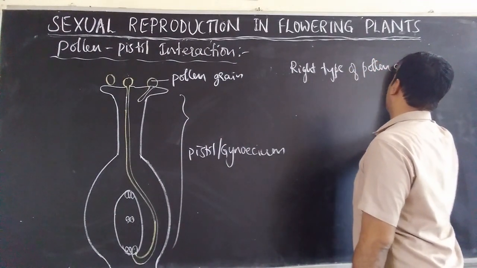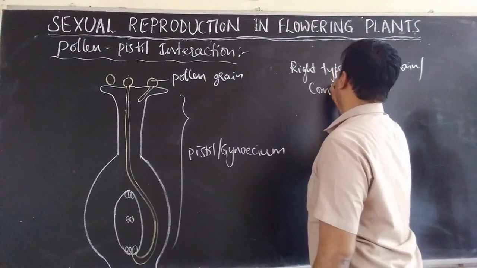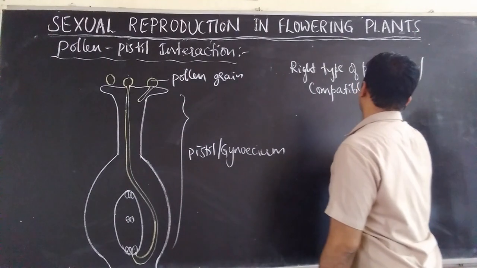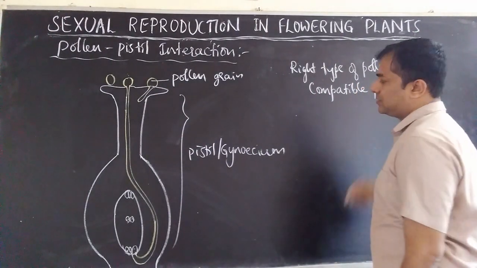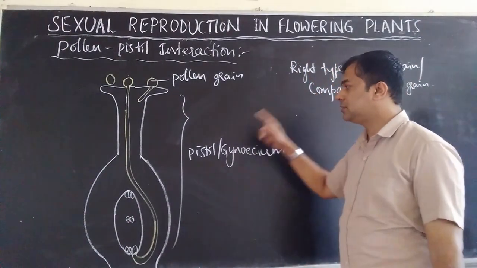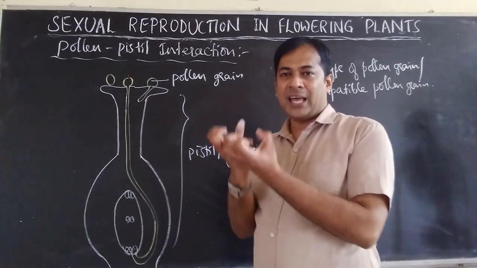The right type of pollen grains are also called compatible pollen grains. What does the right type of pollen grain mean? This type of pollen grain, the stigma or pistil will accept.